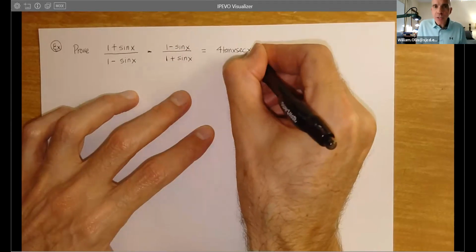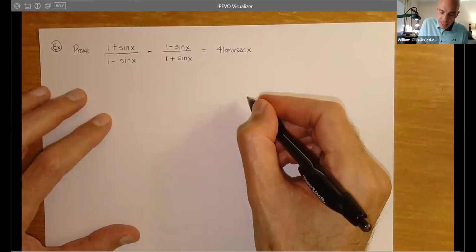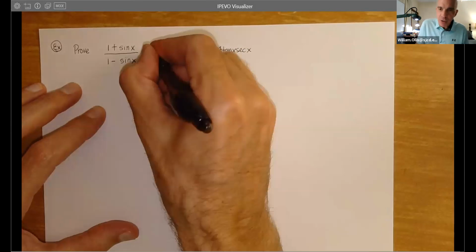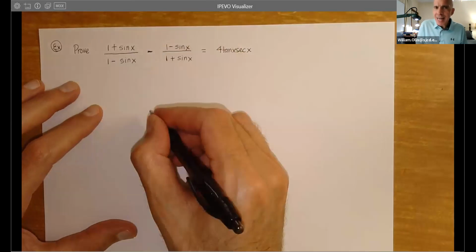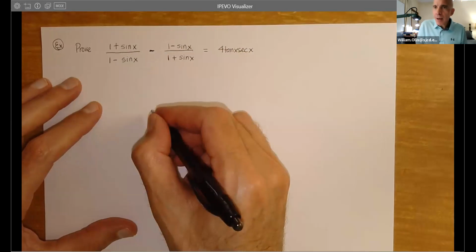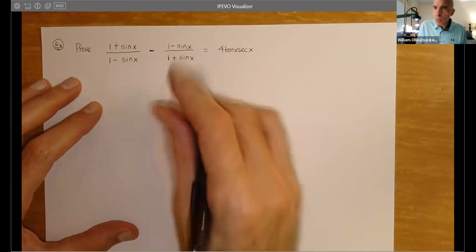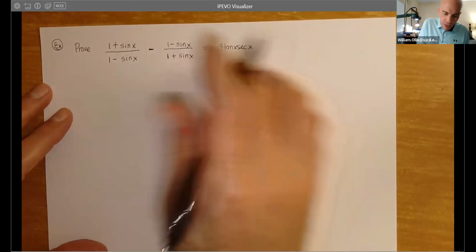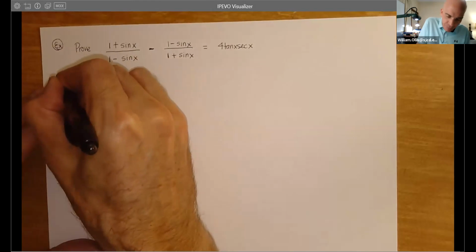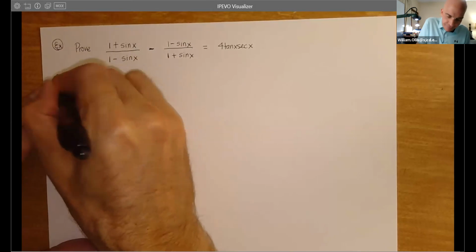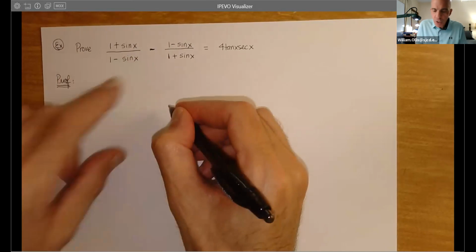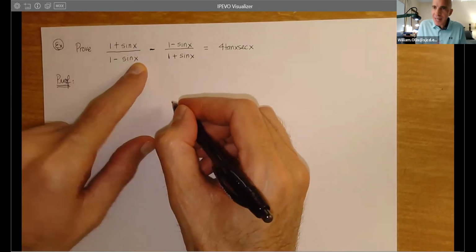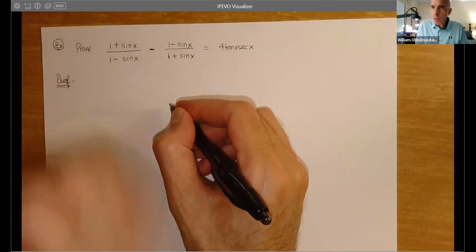Now, usually when students try to prove identities, they start with the side that allows them to do more algebra. And I tend to agree with that. Usually the more simple side is what the goal is. So when you do an identity proof, if it appeals to you to do some algebra here, you're thinking I could probably move this forward more quickly.